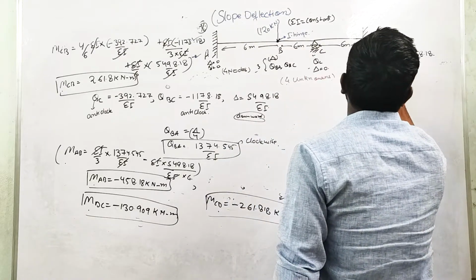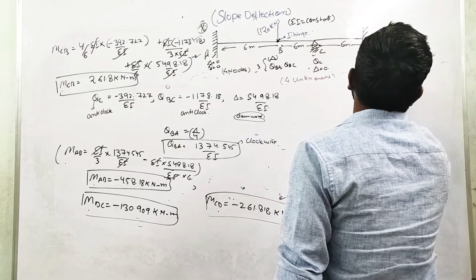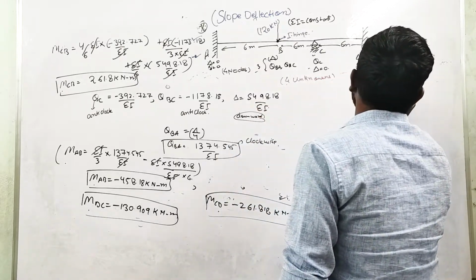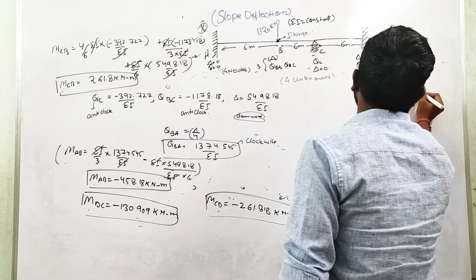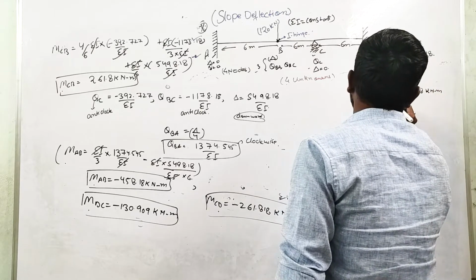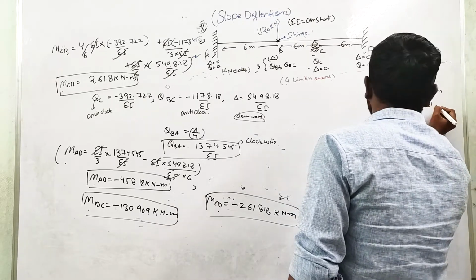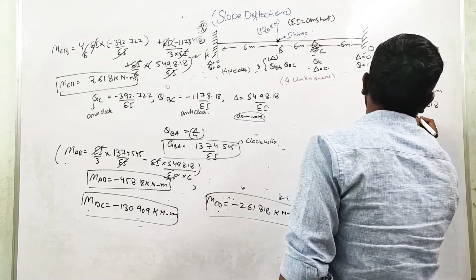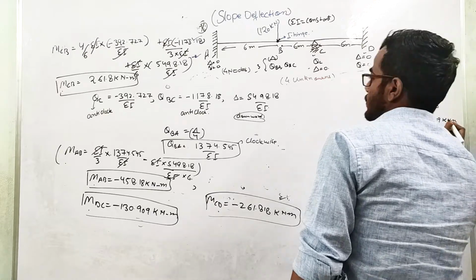MBC is 0, because it is an internal hinge; MBC will always be 0. MCB is equal to 261.8 kilonewton meter. MCD is equal to minus 261.818. And MDC is equal to minus 130.909 kilonewton meter.